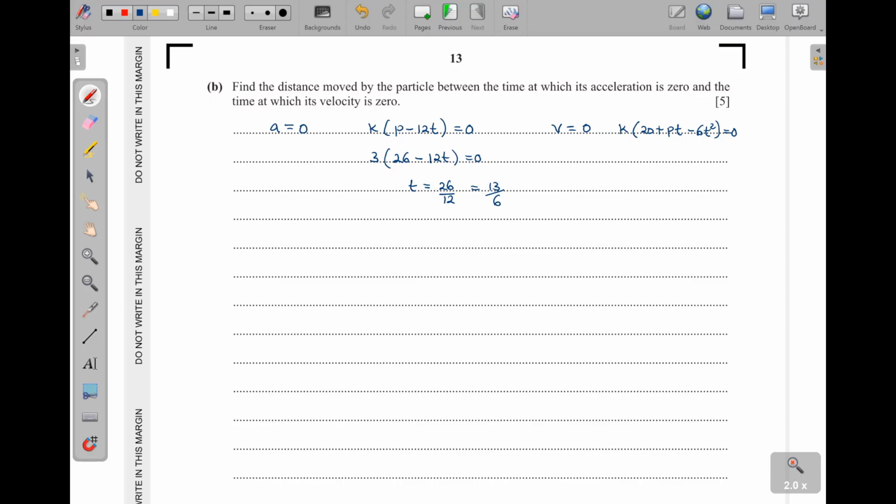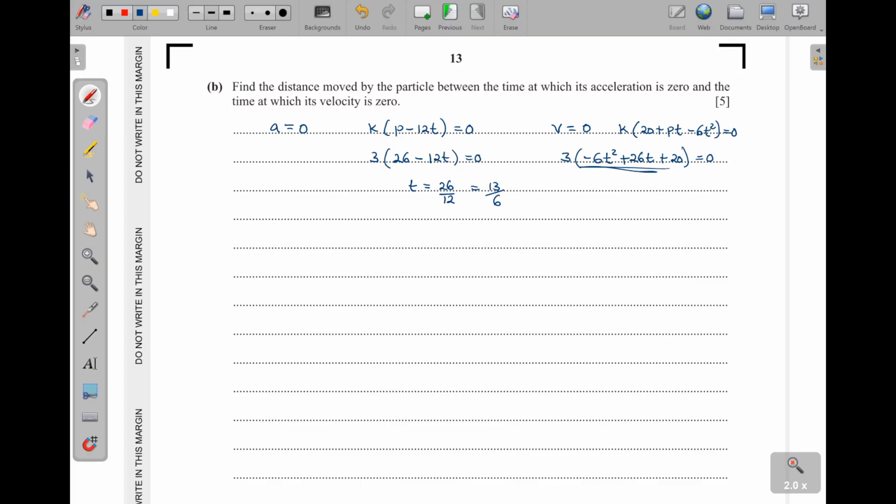I can pull out the k, and this is a quadratic equation. So I have 3 here. Let me first write it in descending powers of t. So it's negative 6t squared, then plus 26t, then plus 20.